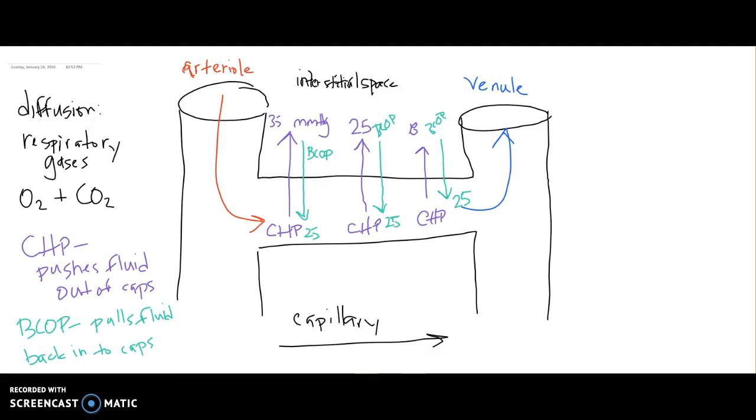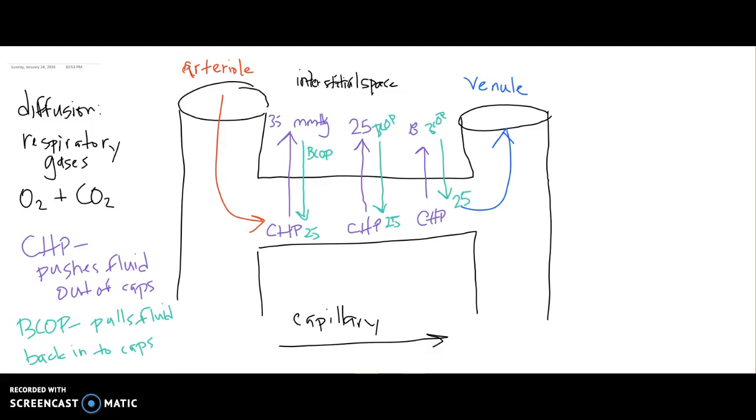Okay, so why do we want this? Because we're exchanging things. Fluid goes out with things like glucose and some of the hormones, like insulin, and the body cells can use that. When the fluid gets pulled back in, it gets pulled in with waste products in it, so urea and creatinine and those types of things.